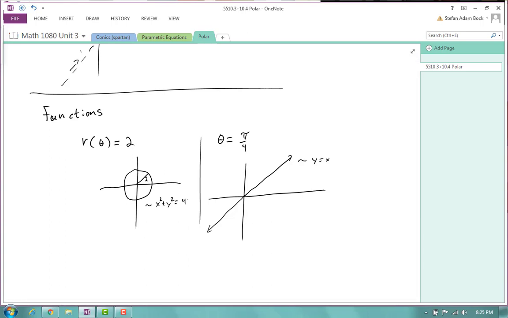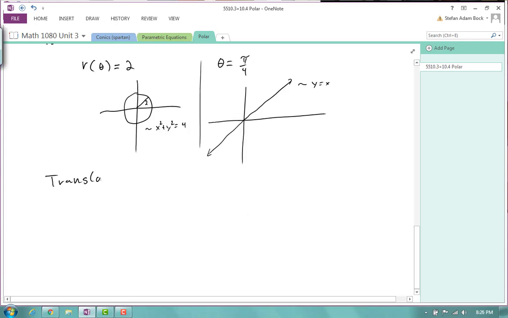But what if I wanted some other line in polar? Well, then what I would have to do is translate a Cartesian line, which I can understand easily, into a polar line. So I want to translate the line y equals negative 1/2 x plus 2 into the polar coordinate system.